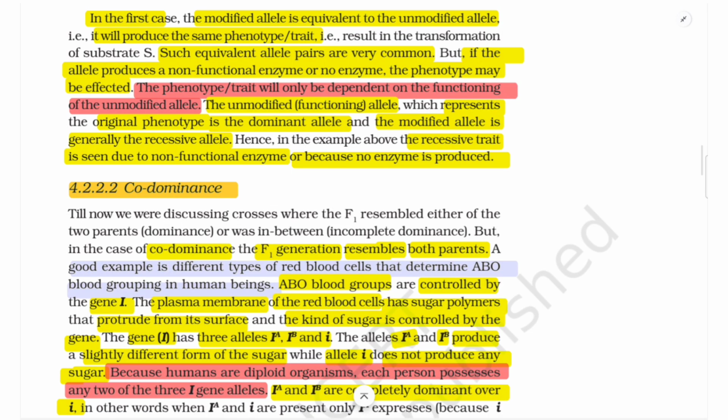In the first case, the modified allele is equivalent to the unmodified allele, that is, it will produce the same phenotype or trait, that is, result in the formation of substrate S.